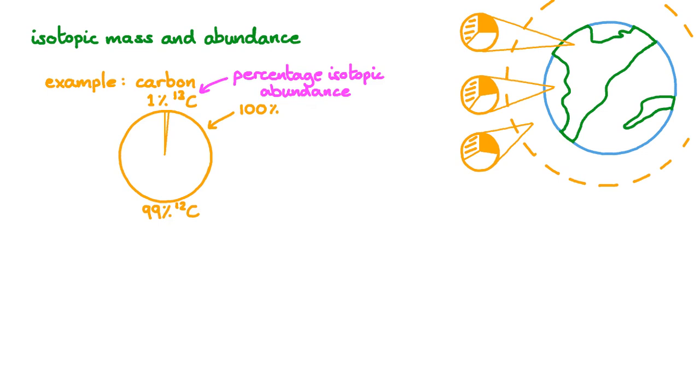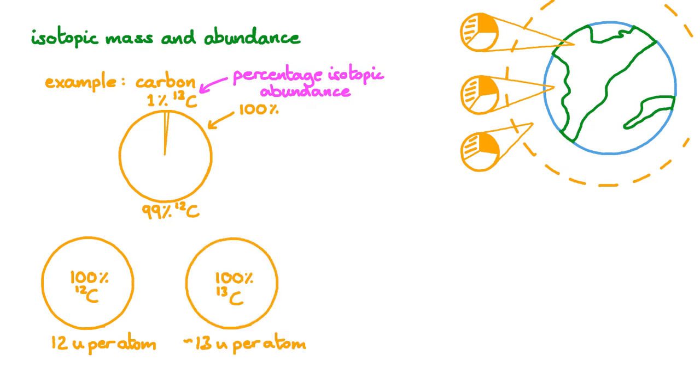Now, why is this important? If we had a sample that was 100% carbon-12, then the mass per atom would be 12 unified atomic mass units. However, if we had a sample that was 100% carbon-13, it would be 13 unified atomic mass units per atom.